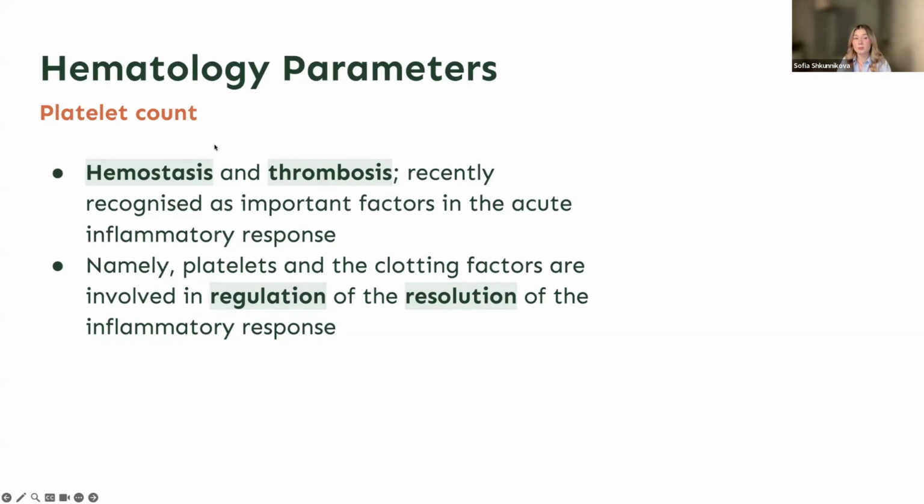And it could be useful to assess inflammation in patients. However, more research is needed on that part. But what we do know is that it's involved in regulation and the resolution of the inflammatory response. So it might be an interesting one to look at.